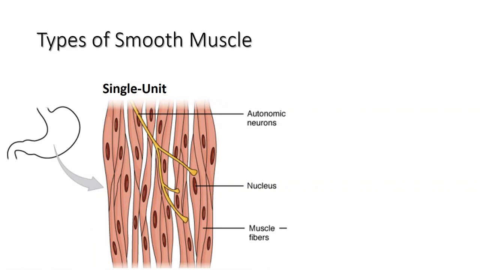The mechanical stress of the stretching triggers a brief contraction, but this is immediately followed by relaxation so that the organ does not empty its contents prematurely. This is important for organs such as the stomach or urinary bladder. When the hollow organ is empty, the contraction of smooth muscle causes shrinkage to avoid flabbiness.